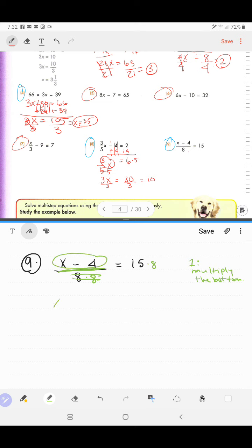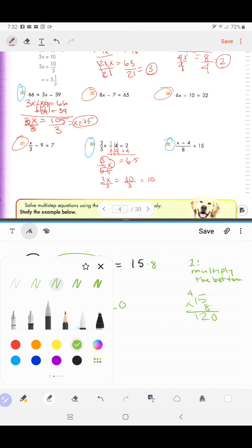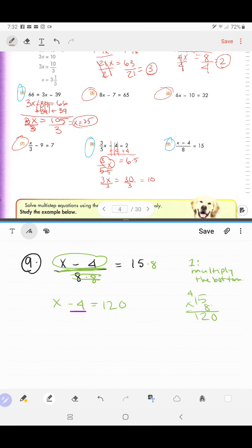X minus 4 comes down. 15 times 8 is, 8 times 5 is 40. 8 times 1 is 8, plus 4 is 12. Now it's looking like a regular equation. So here it looks like what we've been doing before.